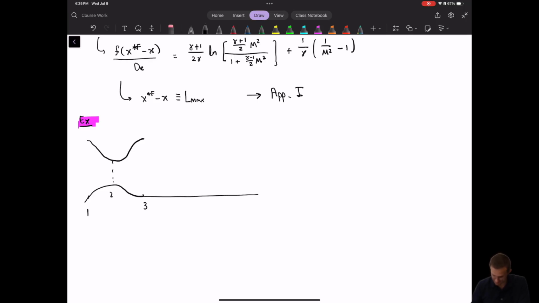And then this goes straight off like that. And then at the exit of the Fanno duct is state 4. We'll say that our delta x is equal to 2.4 meters in this case, from state 3 to 4. And then our friction factor is 0.02.